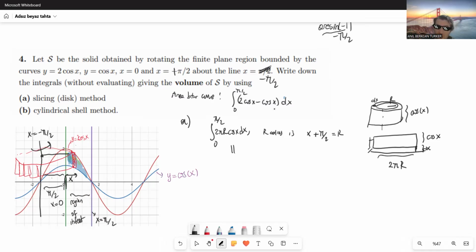Or I can rewrite as 2 pi, integral from 0 to pi over 2, of x plus pi over 2, which is r, and cosine x and dx. Okay, this is your height, this is your radius, this is the term coming from the circumference of a circle. So this is volume. By the way, this is not the disk method, this is the shell method.